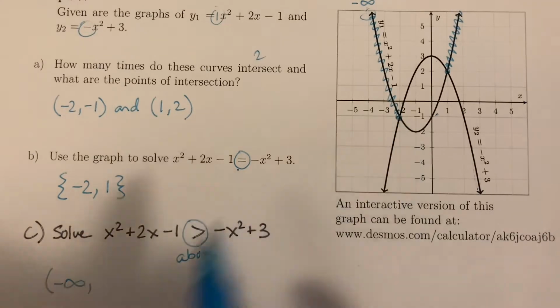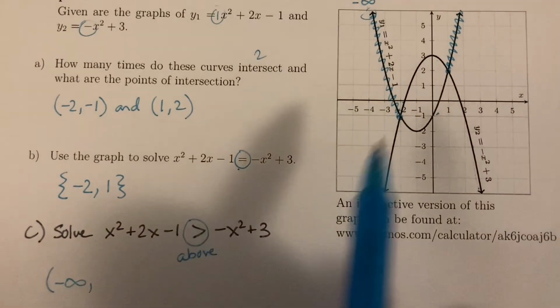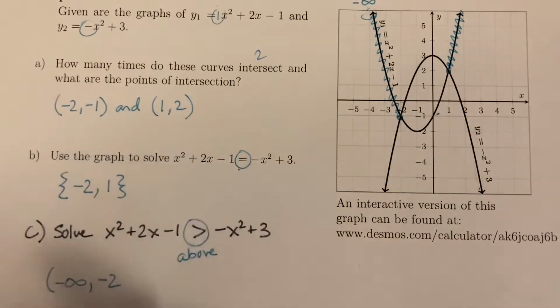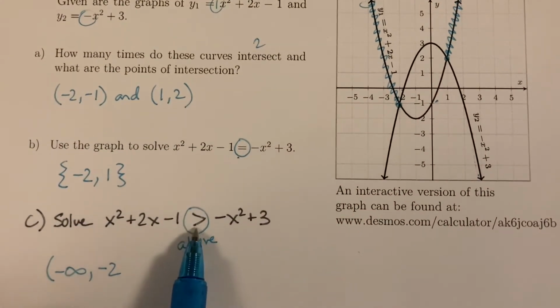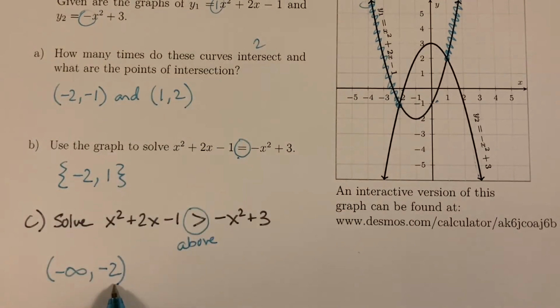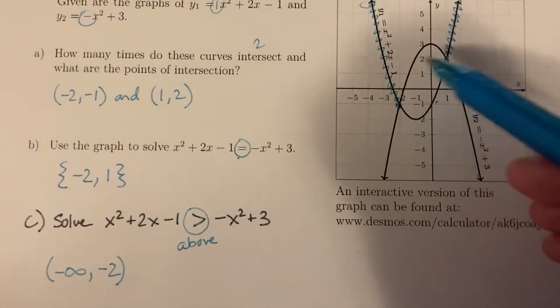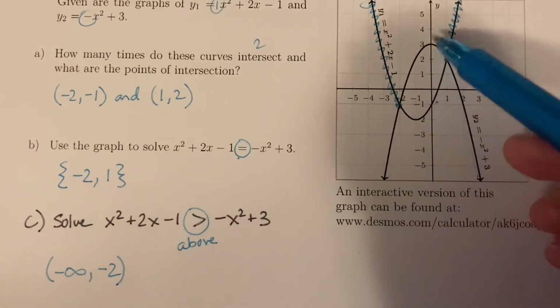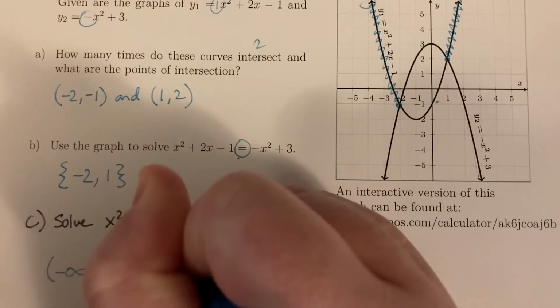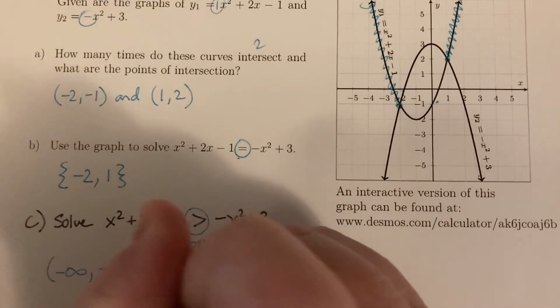We're talking about the x values when we're talking about a solution. So the x value here is negative 2. And because this is just greater than and not greater than or equal to, we're going to use a parenthesis. And then there's a gap, right? In the middle, the upside down parabola flips to being the one that's above. For this gap, we put a U. And that U stands for union.